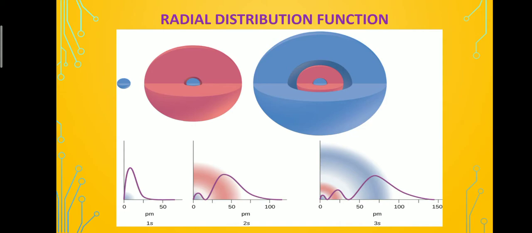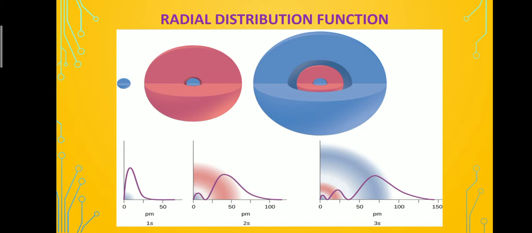The same way for a 3s orbital, we have three peaks like that, 1, 2 and 3. The zero point in the graph in 2s and 3s shows that there is a node there, a node between the orbitals. That zero represents the nodal surface or a radial node.